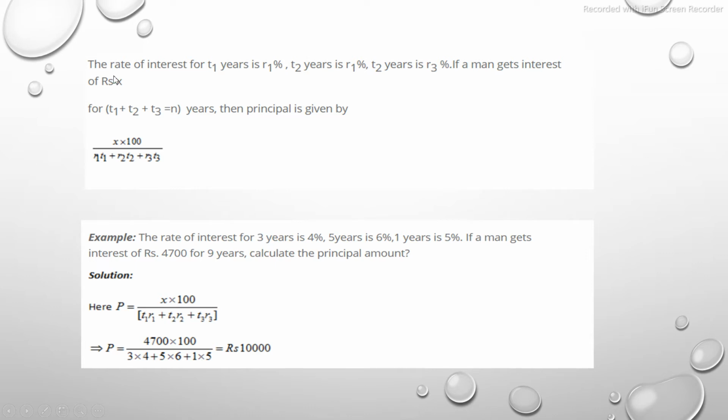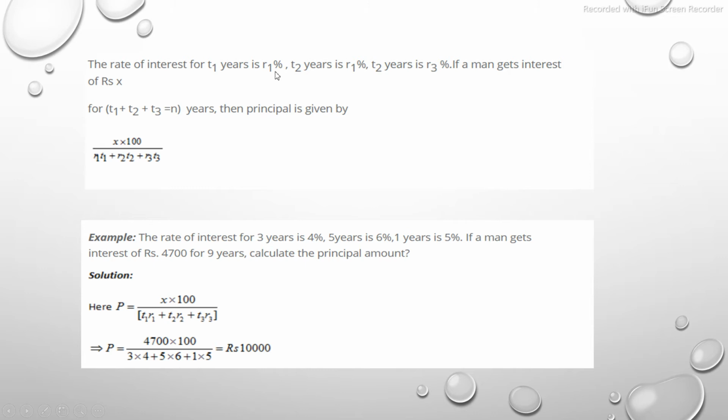The first one is: the rate of interest for T1 years is R1%, for T2 years is R2%, and for T3 years is R3%. By mistake it was written R1 twice, so you can assume it is R2.